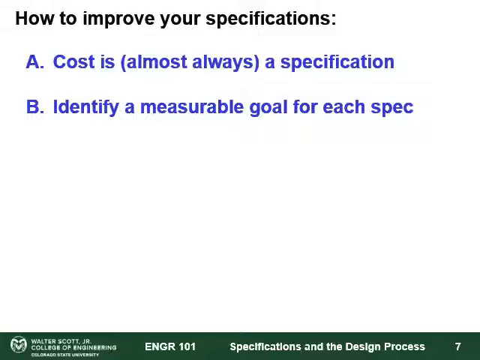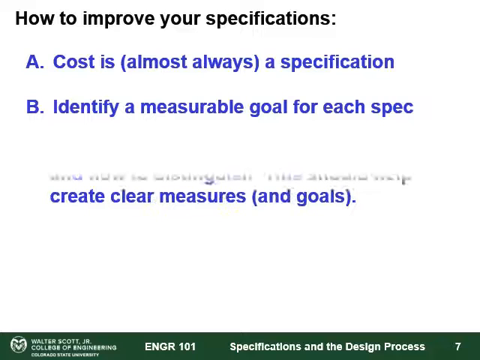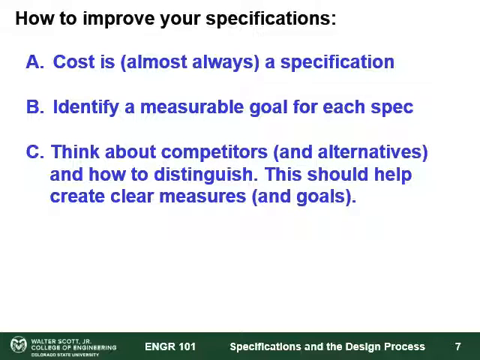By talking about a goal, it will force you into coming out with how you can distinguish from one to the other. And speaking of distinguishing, think about your competitors or other alternatives or various alternatives for solving the problem. How are you going to distinguish them? That should help you create clear measures and goals.